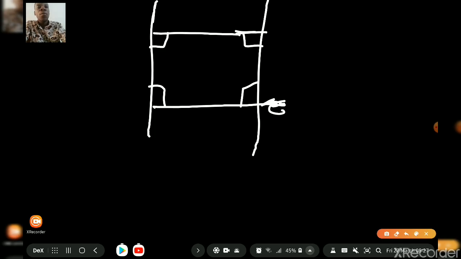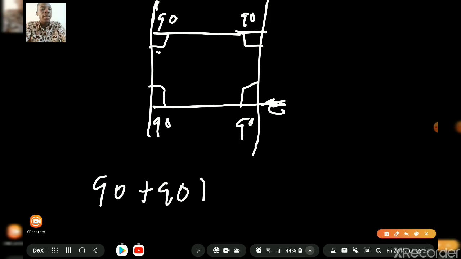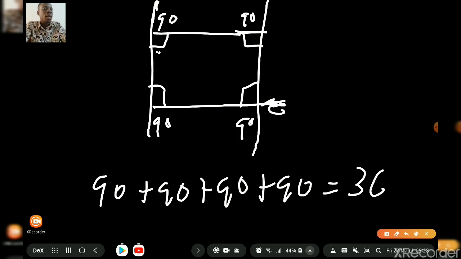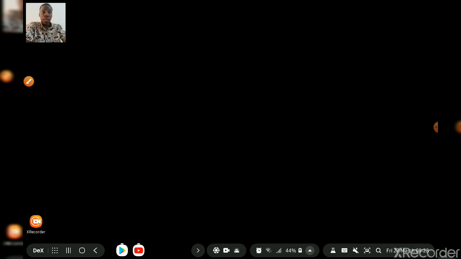The exterior angle formed here is also going to be what? Remember, angles on a straight line add up to 180, so it's going to be 90 degrees here, 90 degrees here, 90 degrees here, and 90 degrees here. If you add the exterior angles, 90 plus 90 plus 90 plus 90 gives us 360 degrees. This will work for any other polygon.